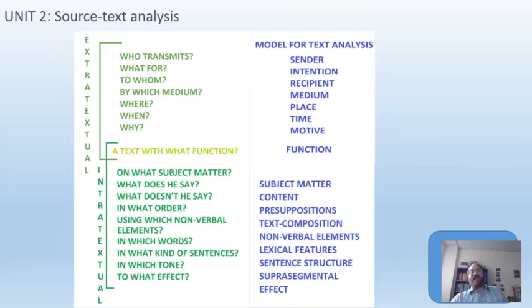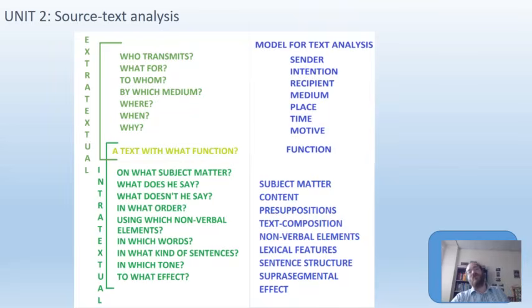These include extratextual elements, which are who transmits, what for, to whom, by which medium, where, when, why, and the intratextual factors: on what subject matter, what does he say, what doesn't he say, in what order, using which non-verbal elements, in which words, in what kind of sentences, in which tone, and to what effect.